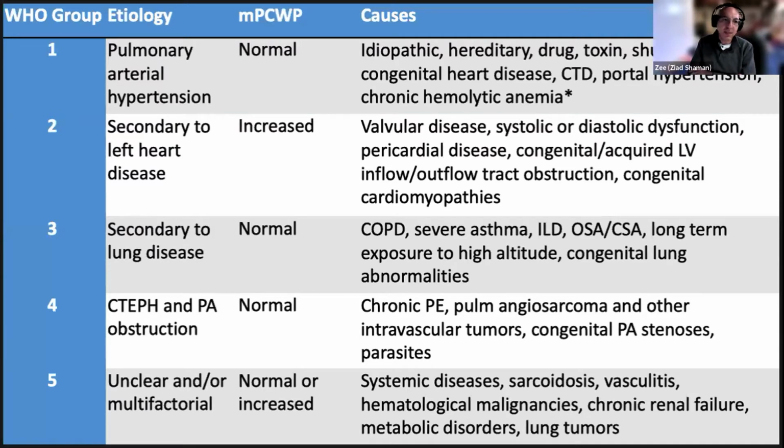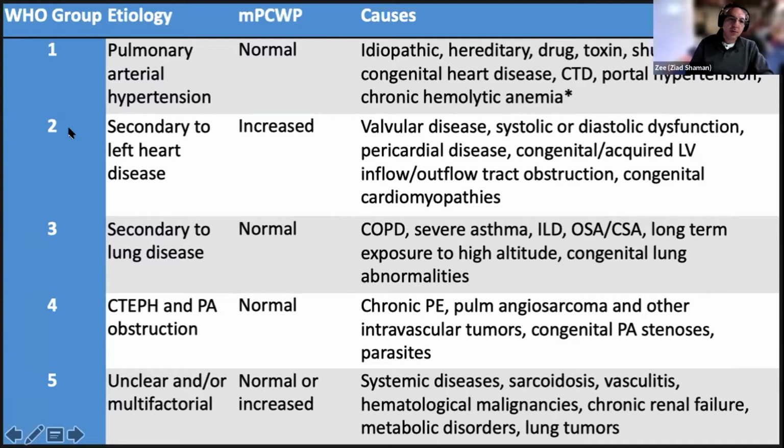So the WHO divides pulmonary hypertension into 5 groups. You might have seen these already. The pulmonary arterial hypertension: idiopathic, hereditary, drug toxins, shunts, connective tissue disease, portal hypertension, and hemolytic anemia. I put a star because it's bounced between group 1 and 5 a couple of times.